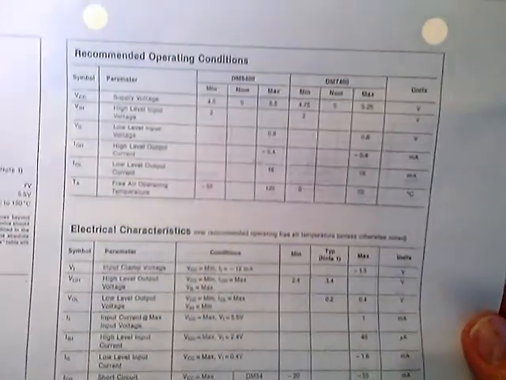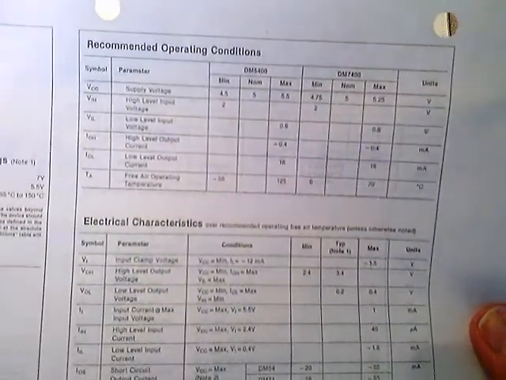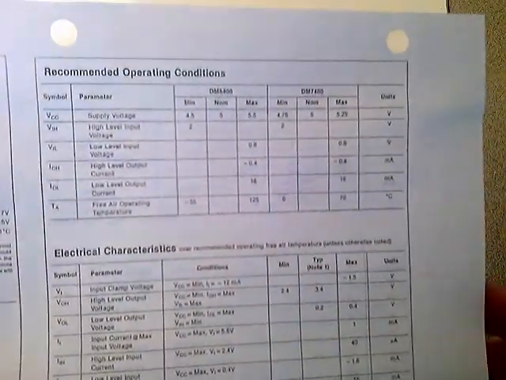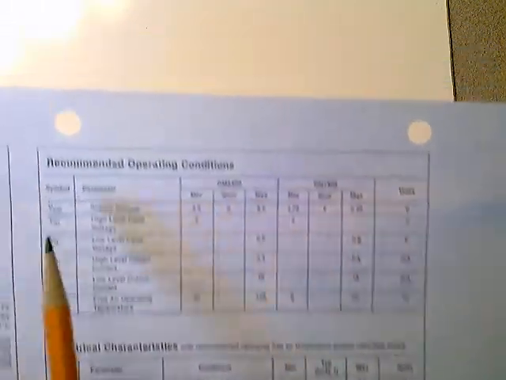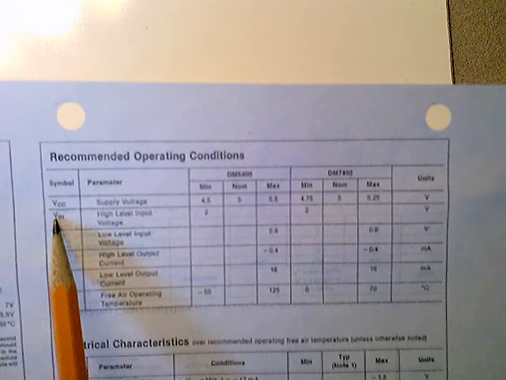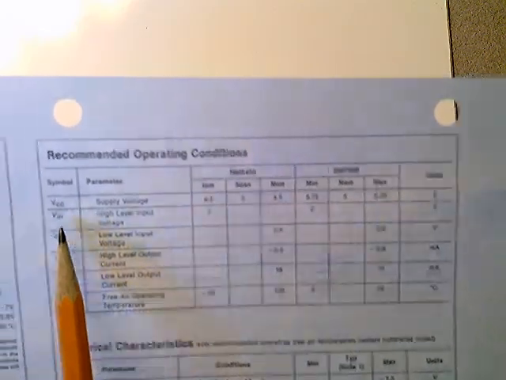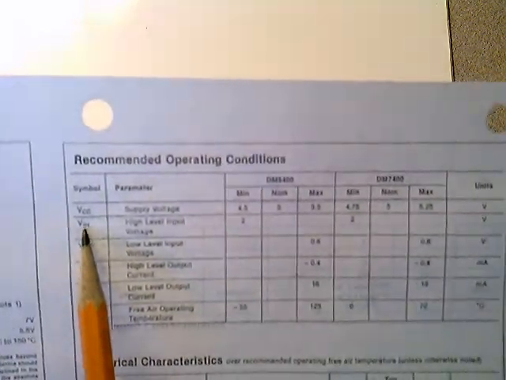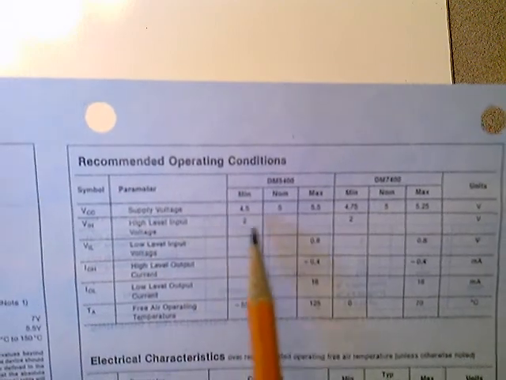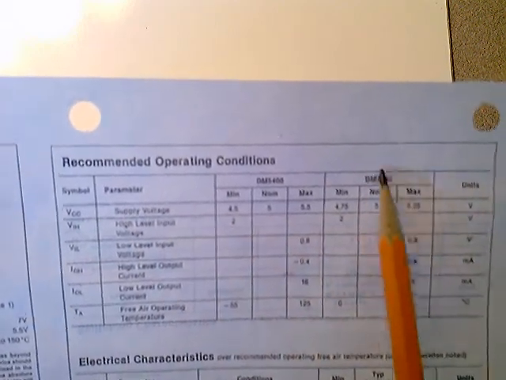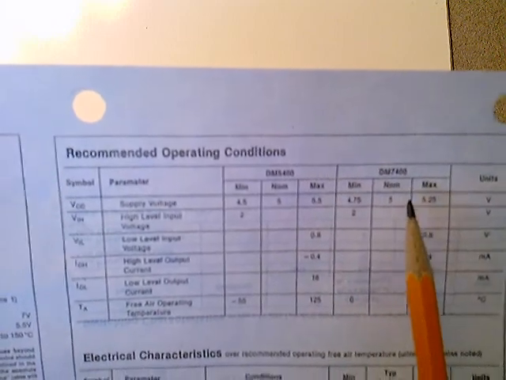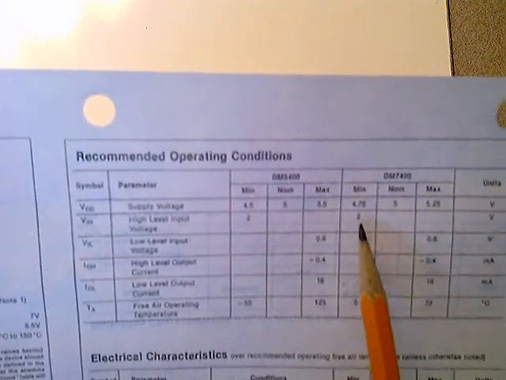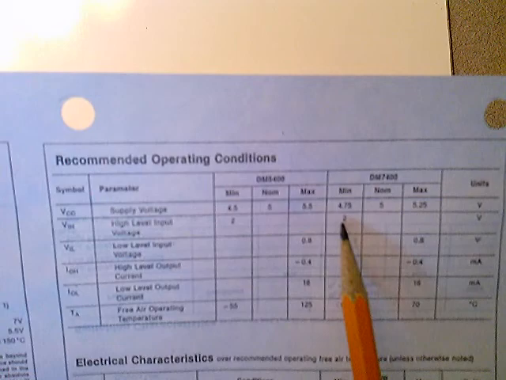If you look at the specifications, can you find VIH? I want you to find VIH. It's right up here, and notice VIH is specified as a minimum value. We're looking at the 7400 column here. It's specified as a minimum value of 2 volts.